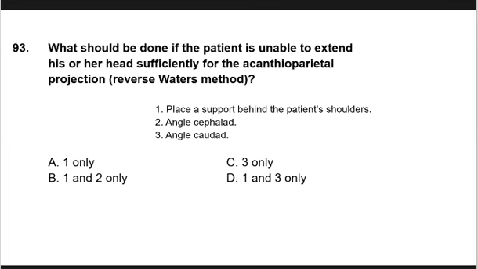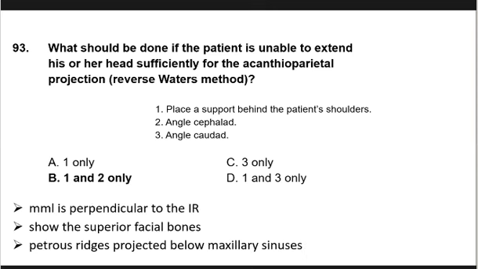So what should be done if unable to extend the head? The answer, we have to place a support behind the patient's shoulders to raise them, and we have to angle the tube cephalad.